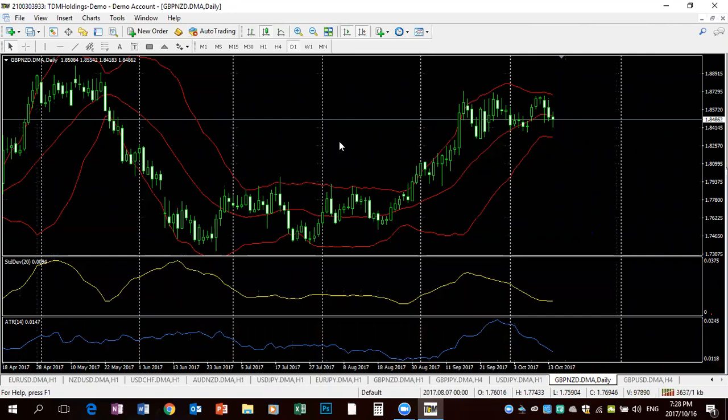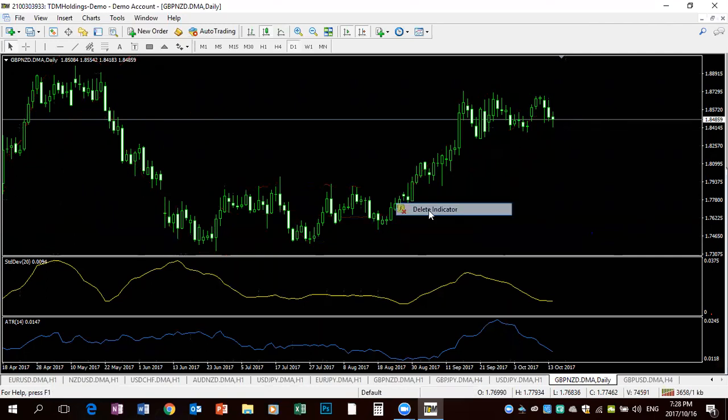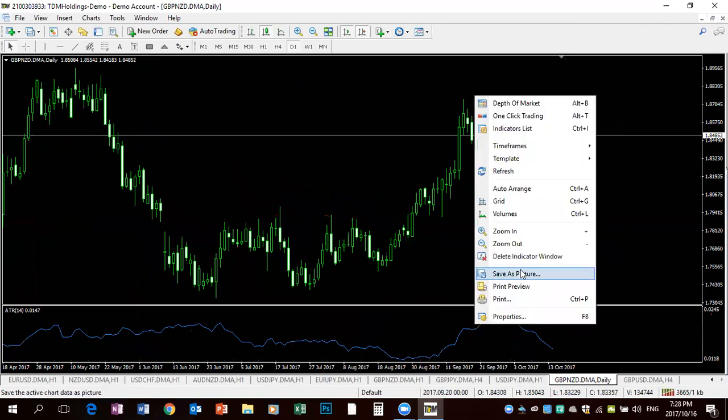The second thing that you will do, you'll say Control Y. I'm taking all these vertical lines. Control Y. I've taken all these vertical lines. Another thing that you will do, you will right click on every indicator that we have and say delete. Right click, delete, right click, delete, right click, delete.